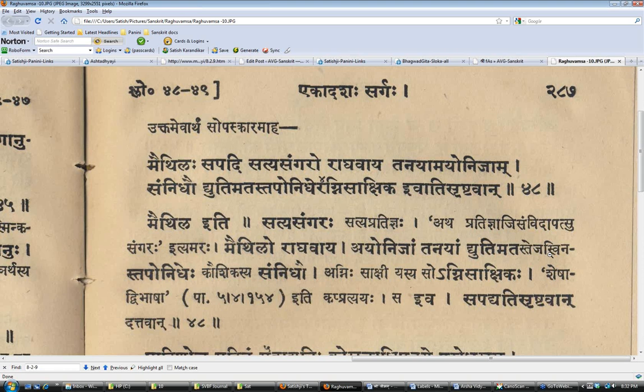Okay. Then taponidhe, no commentary, but kaushikasya sannidhau. So who is he talking about? Vishwamitrasya. So in the sannidhi, in the presence of Vishwamitra, he offers Sita to Rama, in the presence of Vishwamitra, who was very lustrous, meaning he was a tejasvin. So he had this tejas, and taponidhe, he was like tapasam nidhi.